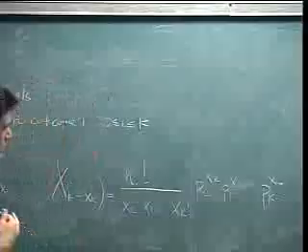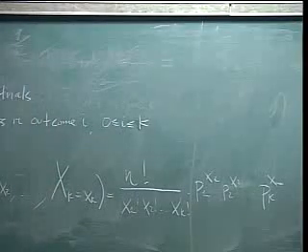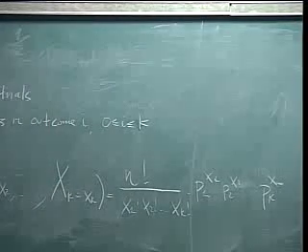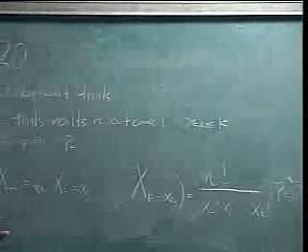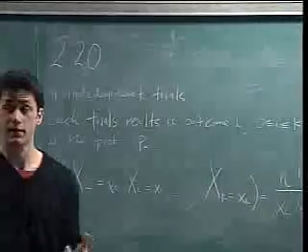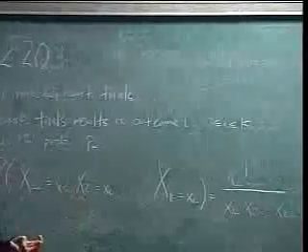So this is just the direct generalization of the binomial distribution, where it's a binary thing and you only have two different types of outcomes.